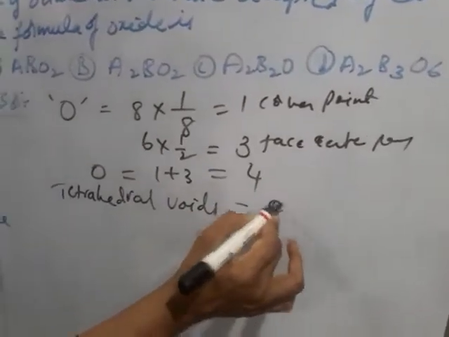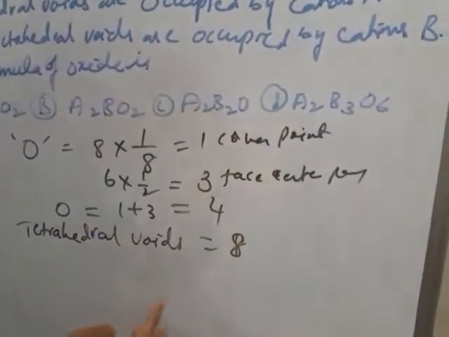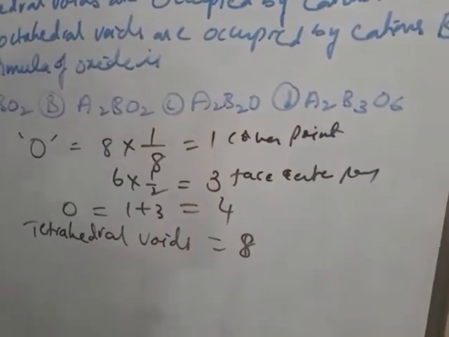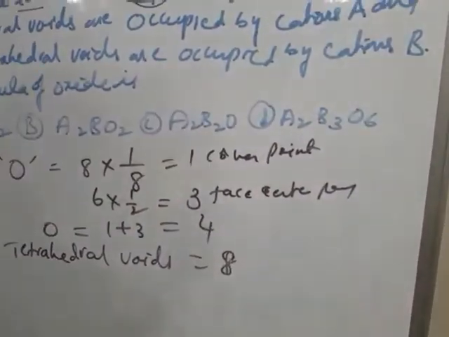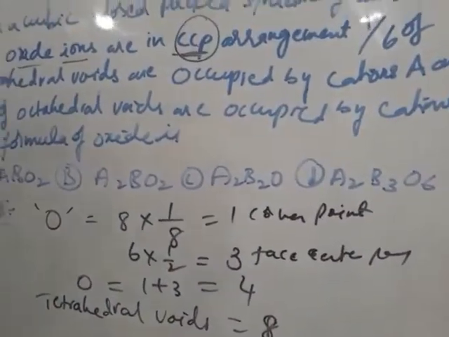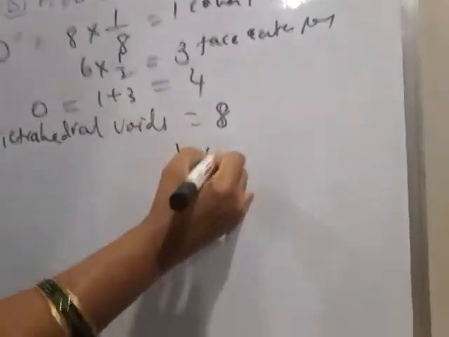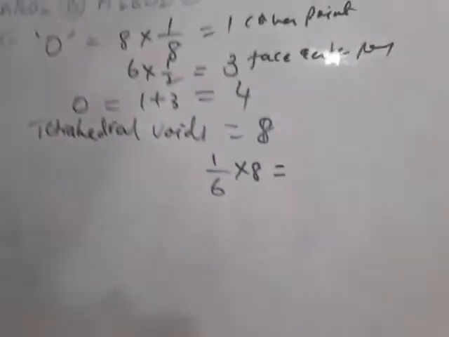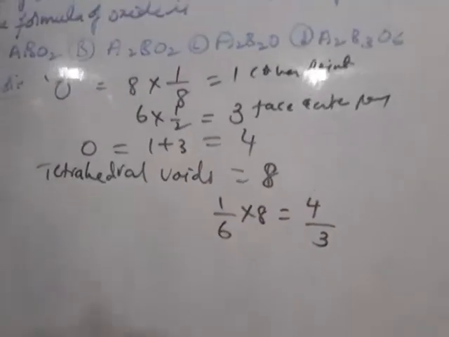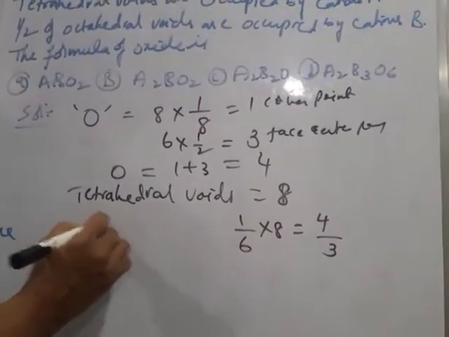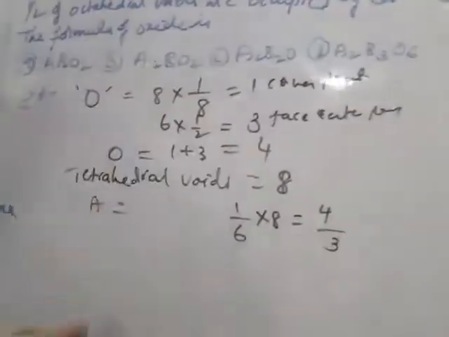Why? Because atoms are 4 and tetrahedral voids are double the atoms. So 1/6 of the tetrahedral voids are occupied by cations. So 1/6 into 8 means 4/3. So A ions is equal to 4/3.